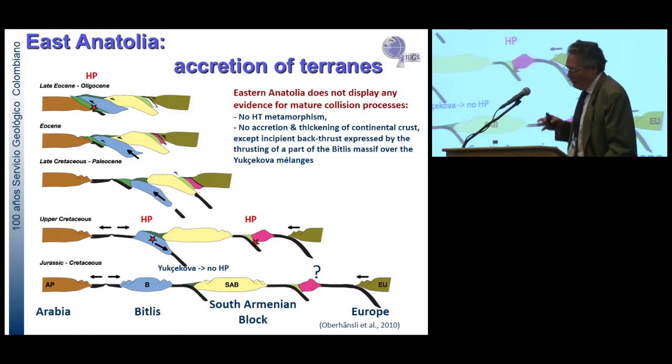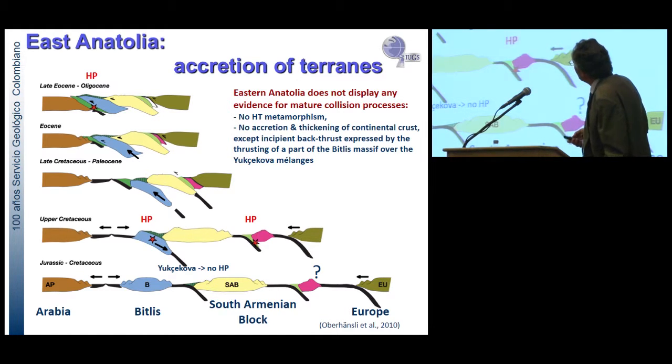I know I make a big jump, but we compiled the metamorphic rocks from the whole area, and you can see that there is not only one place with high-pressure rocks. No, there are high-pressure rocks here, there are high-pressure rocks here, and there are downgoing slabs. There are high-pressure rocks north of the Bitlis. This is work from Roland from France. So there are a series of blocks.